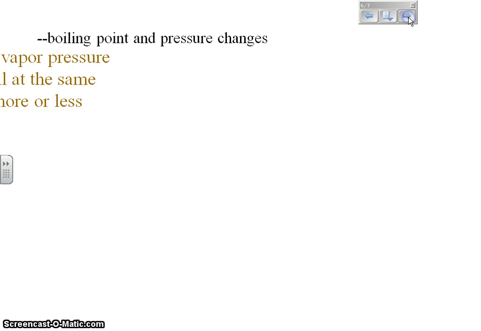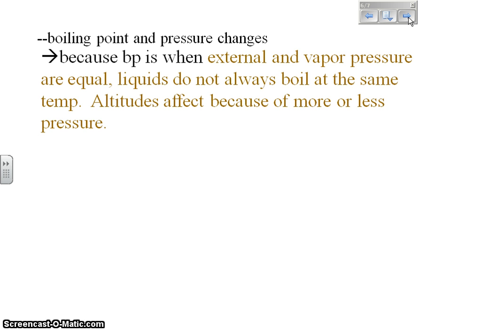All right. So because boiling point is when external and vapor pressure are equal, liquids do not always boil at the same temperature. Altitudes will affect this because of more or less pressure. So you can go to Colorado and you will boil water at a much lower temperature than you will boil it here in Farwell. Now here in Farwell we will boil it at about 96, 97, 98, depending on the accuracy of the thermometer.